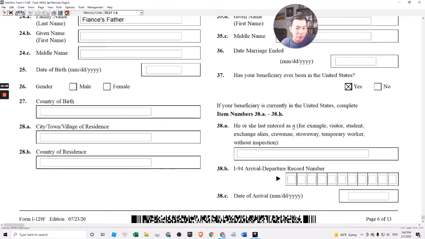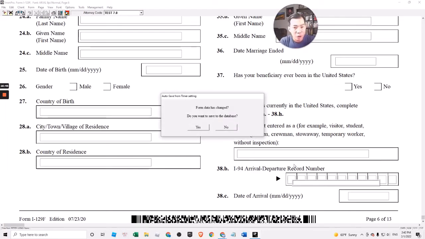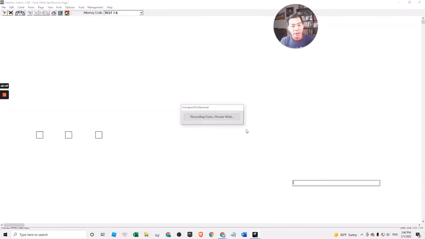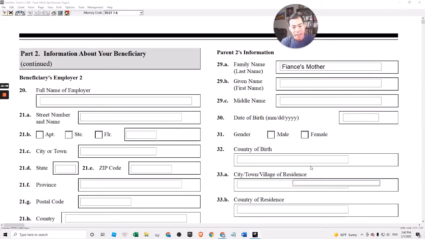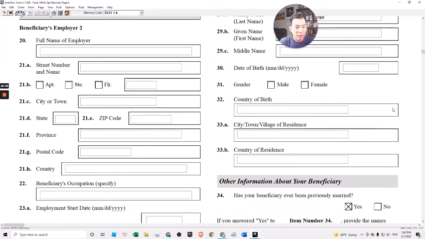If yes, you have to complete it. If she came here as a student, you have to put her I-94 information. That is the arrival and departure record. You can get that on the Department of Homeland Security website, easy.